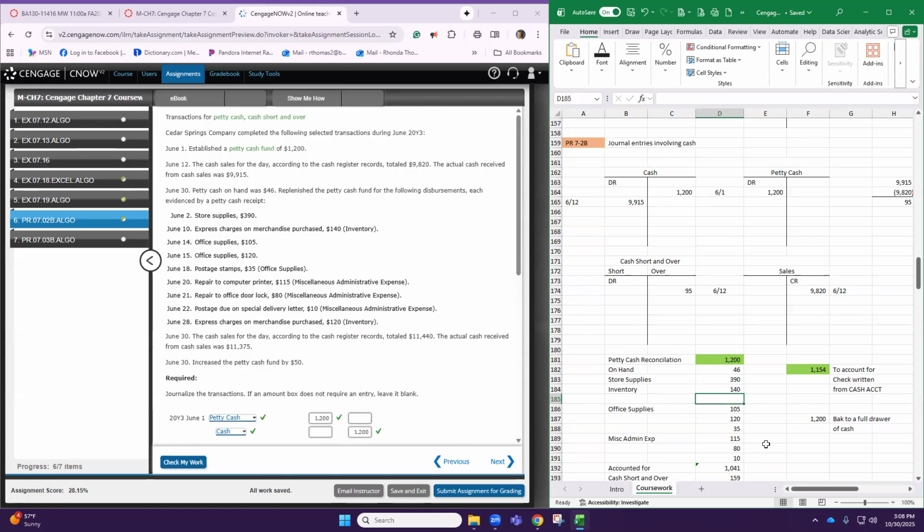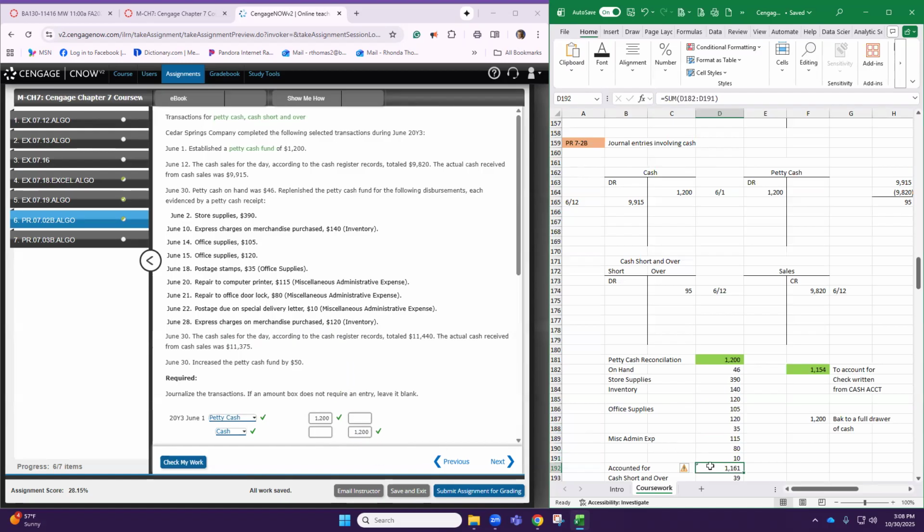Oh, okay, inventory is 140. That's June 10th. And then June 28th, right? There's inventory. Office supplies is 105, 120, and 35. Miscellaneous admin expense is $115, $80, $10.